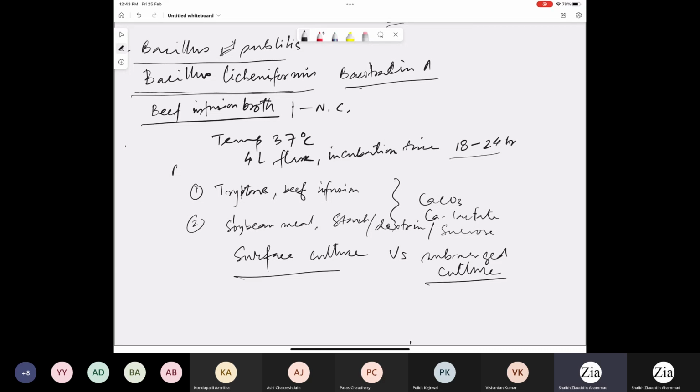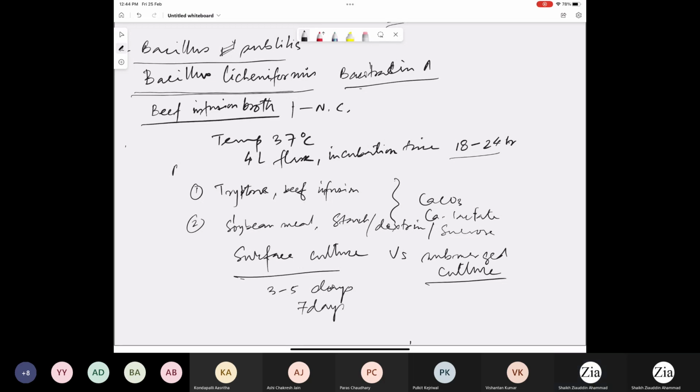So if you try to grow bacitracin using the same Bacillus like licheniformis bacteria, then surface culture would take say 3 to 5 days, depending upon the media also. If you have a little bit richer or more complex media, it may take a little longer, even up to 7 days.